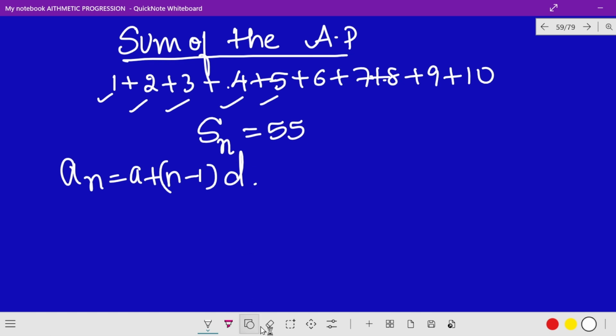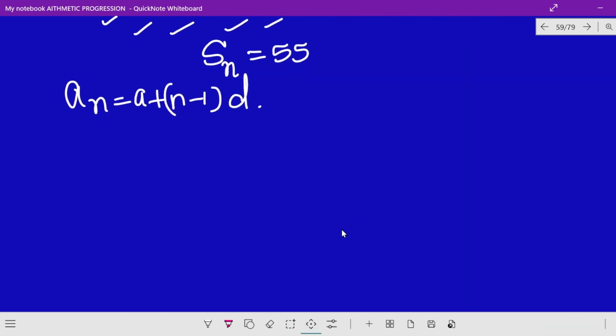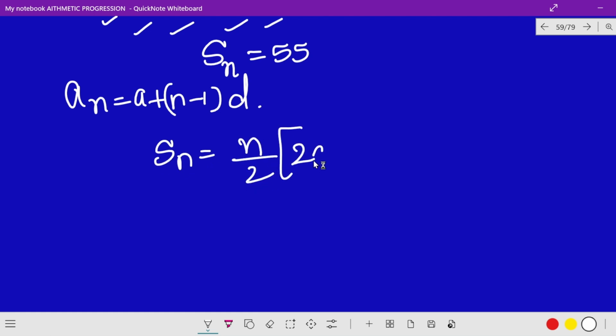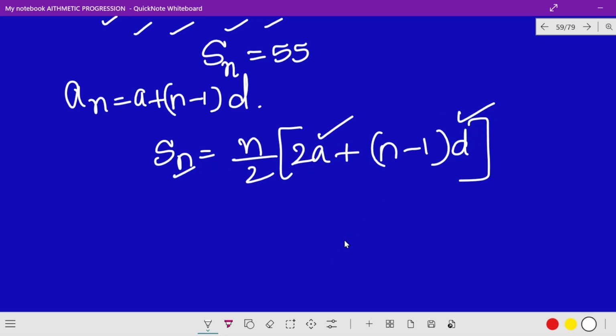But here, like we got an is equal to a plus n minus 1 into d, like that we have a formula for Sn. Sn is equal to n by 2 into 2a plus n minus 1 into d. This is my Sn formula, where n is the number of terms, a is the first term, and d is the common difference.